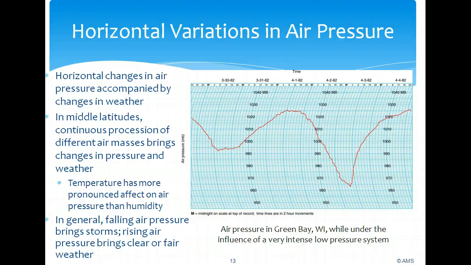Except in things like tornadoes or intense hurricanes, the horizontal pressure gradient at sea level rarely exceeds 3 millibars per 125 miles or so, which is equivalent to the vertical change in air pressure experienced in the lowest 30 meters or 100 feet of the troposphere. But these very small horizontal changes in surface air pressure can be accompanied by significant changes in weather.